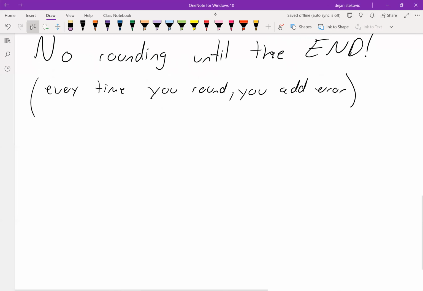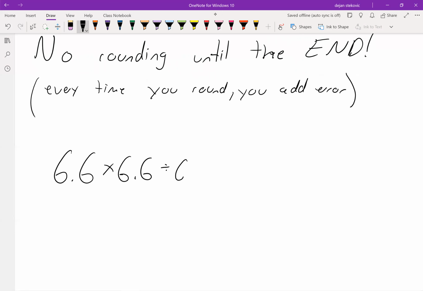Let's take a look at an example of that. So we have 6.6 times 6.6 divided by 6.6. Multiplication and division are inverse operations. So for example, if you multiply something by 2 and then you divide something by 2, they just cancel each other out. And so we can see we have times 6.6 and divided by 6.6. So these two should obviously cancel each other out, and our answer should be 6.6, right?